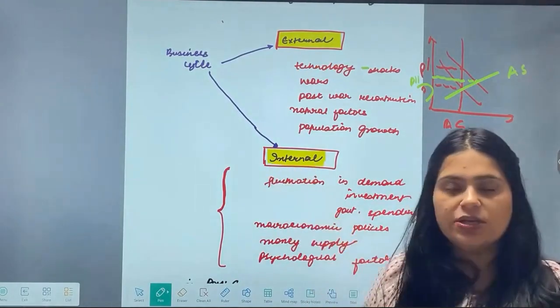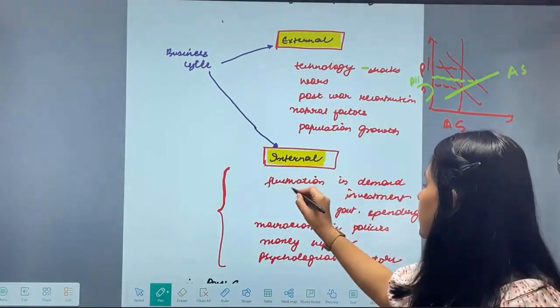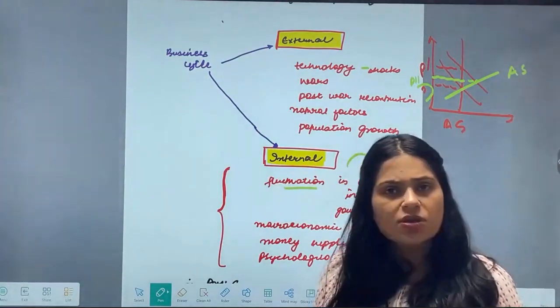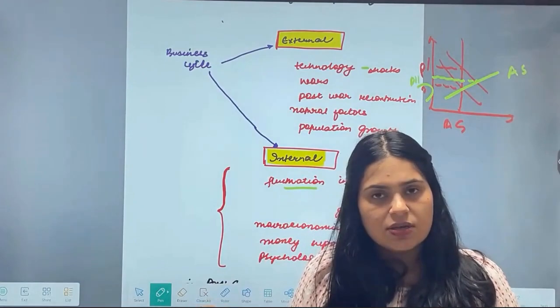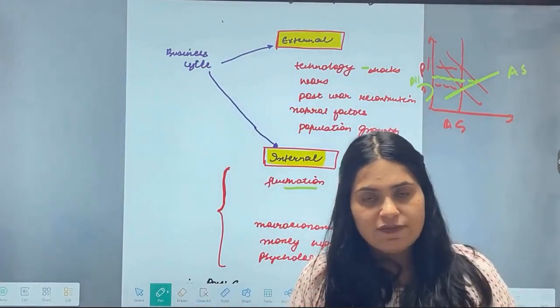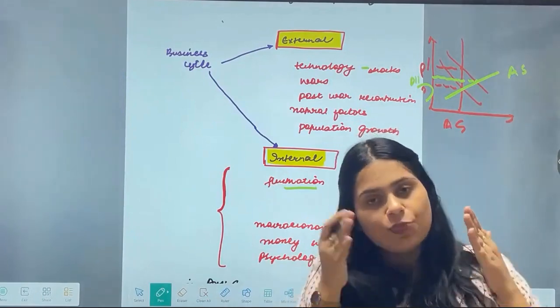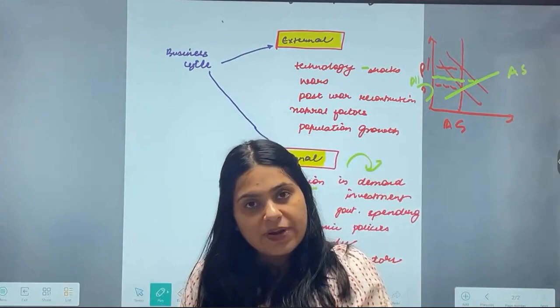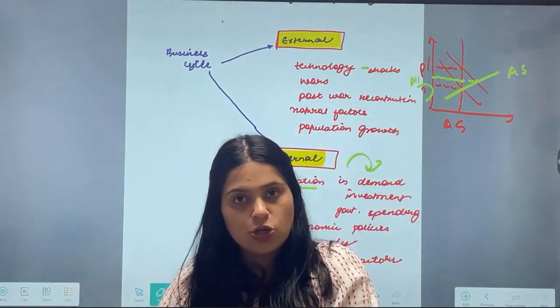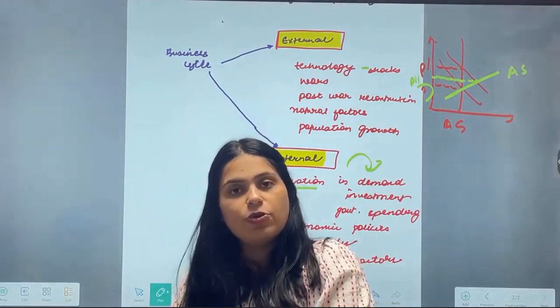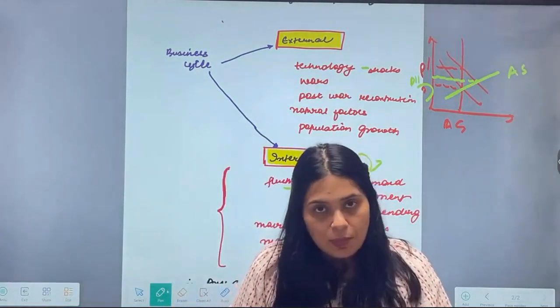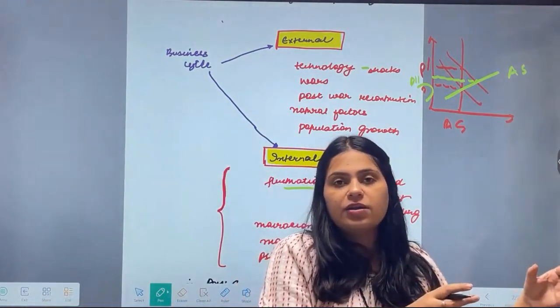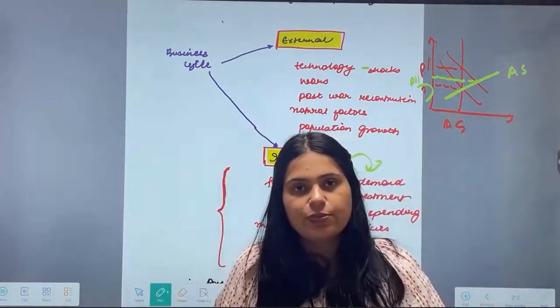Let's discuss that first. The first one is fluctuation in demand. Of course, when demand changes, then the prices will change. Inflation, deflation. So when there is more demand, then there will be more price. More price, firms will be wanting to produce more. More production, more employment and more output.